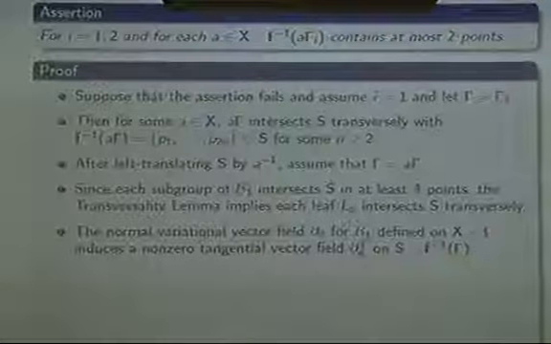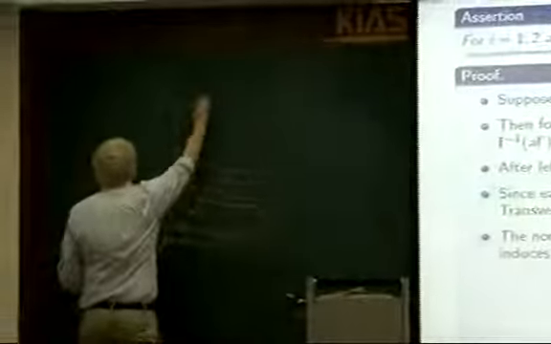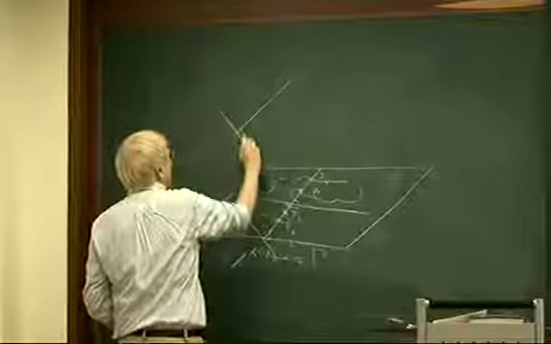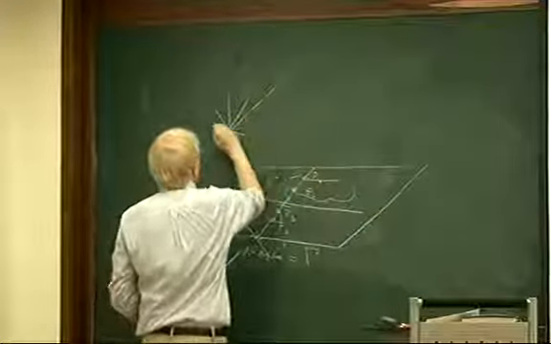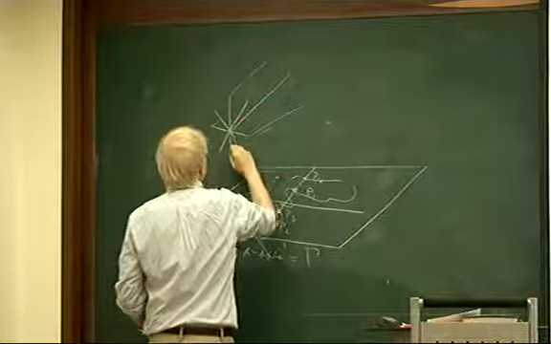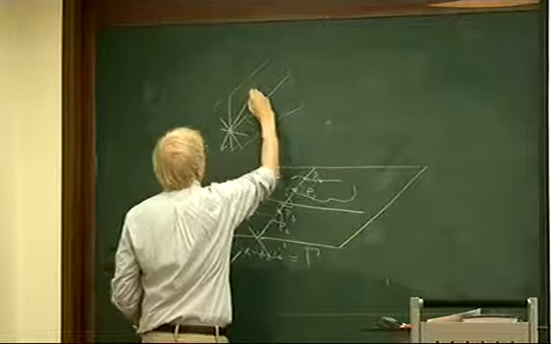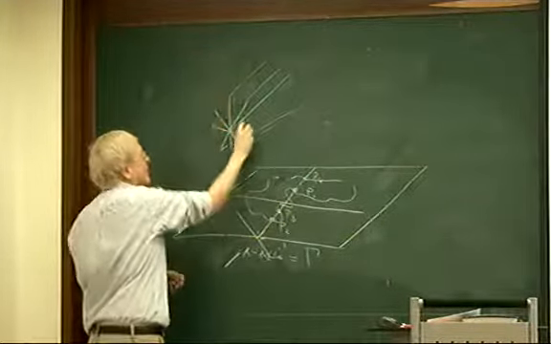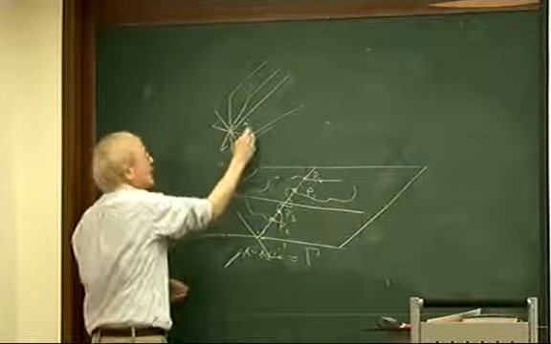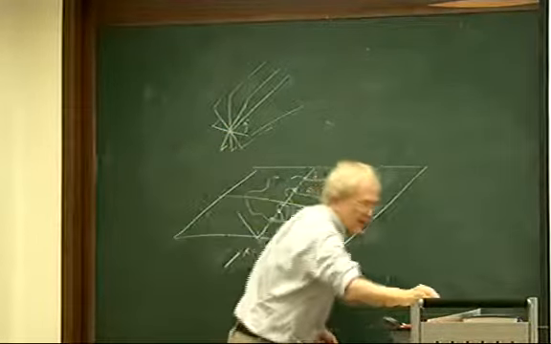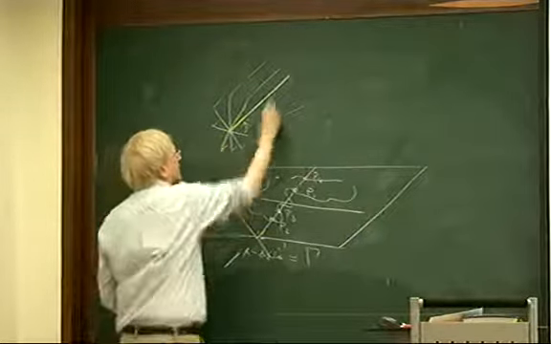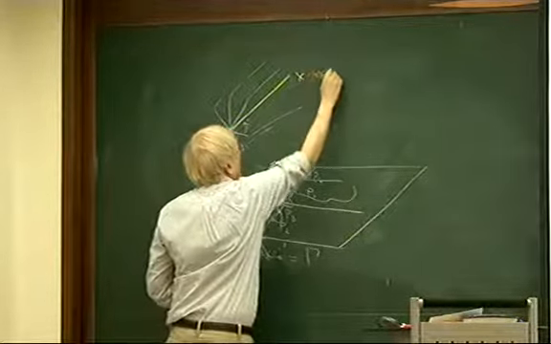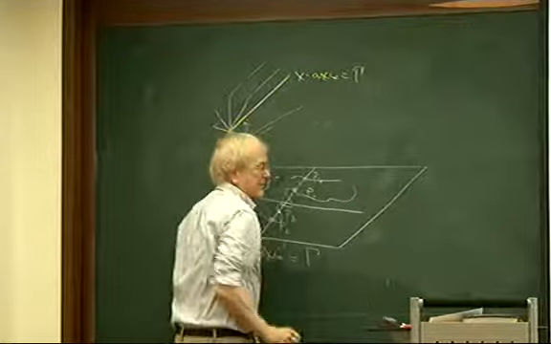All right, so let me try to draw the picture now. Remember we have a lot of subgroups here. Here's the axis. We have all these subgroups, here's theta going around, here's the x-axis like this. That's the binding.